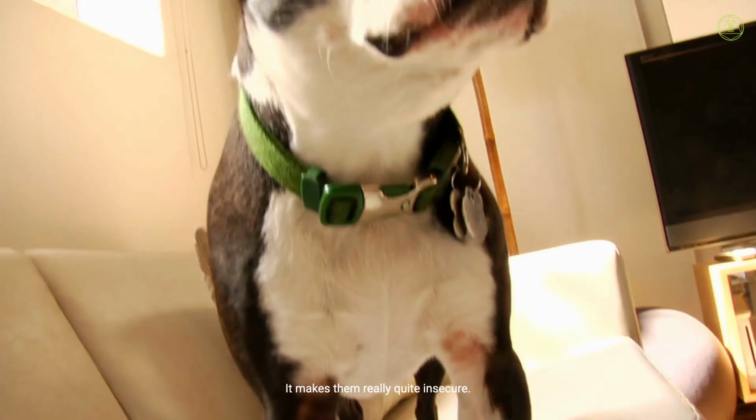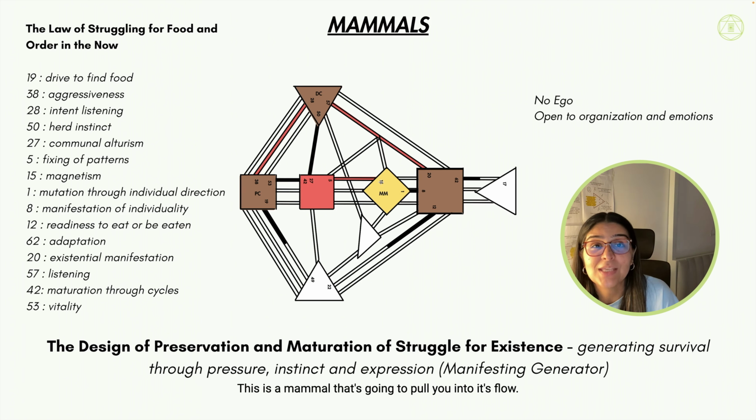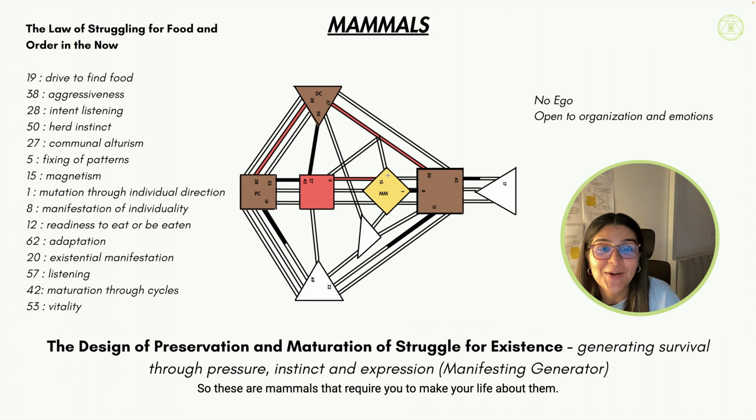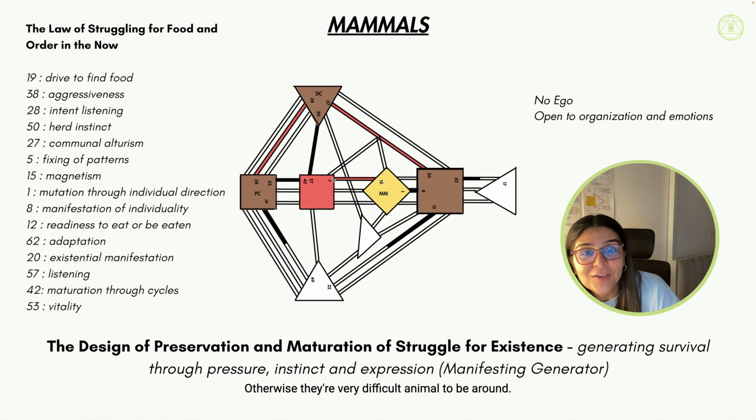It makes them really quite insecure, especially if you have a mammal around you that has the entire channel. This is a mammal that's going to pull you into its flow. These are mammals that require you to make your life about them, that require you to do things that need to be done for them at the time that it needs to be done, right? Otherwise, they're a very difficult animal to be around.